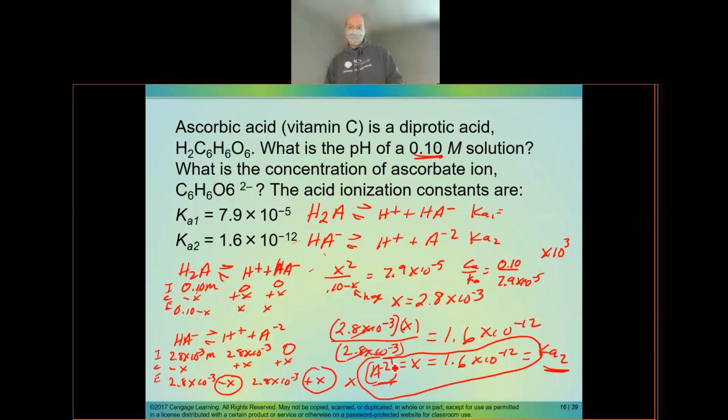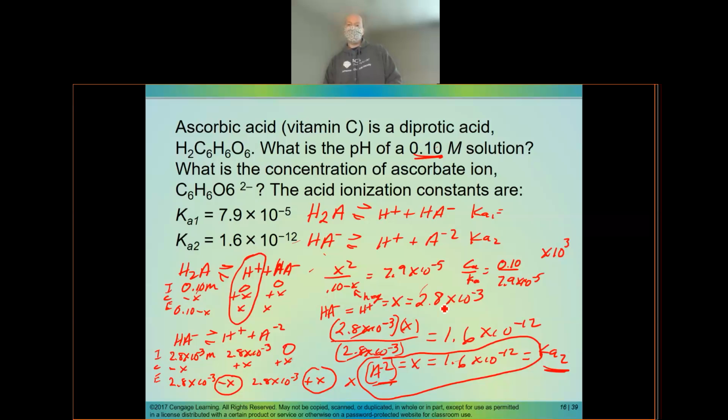Your A minus 2 concentration is always equal to Ka2. All right, we look for the pH. Well, the 2.8 times 10 to the minus 3 plus 1.6 times 10 to the minus 12, that's an extremely small number. It doesn't change the value at all. All of your H plus comes from Ka1. And so your X value here is equal to your H plus. It is also equal to your HA minus.